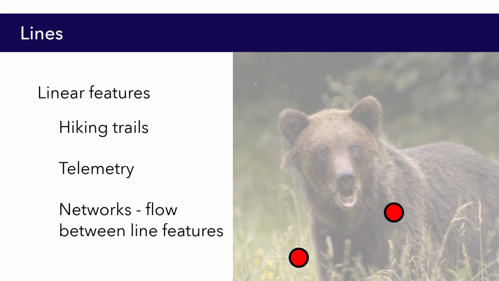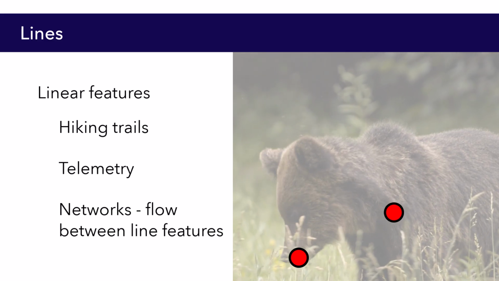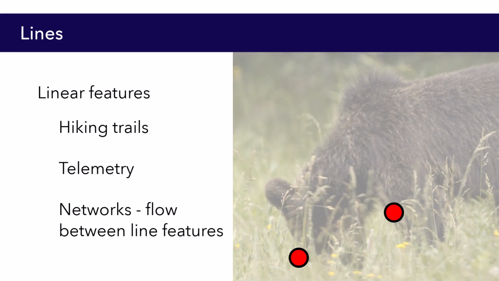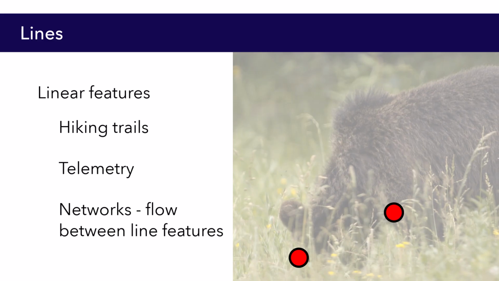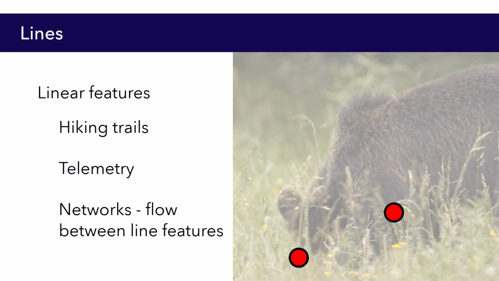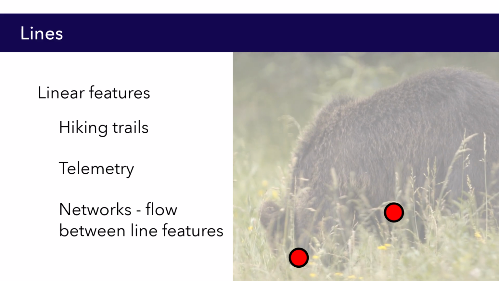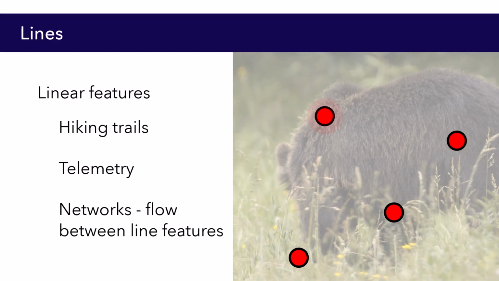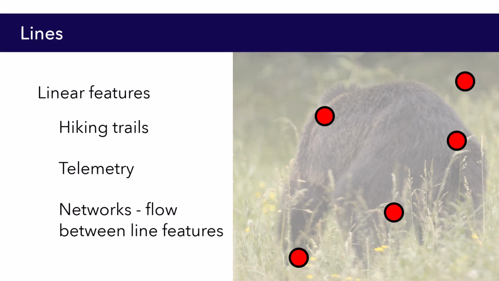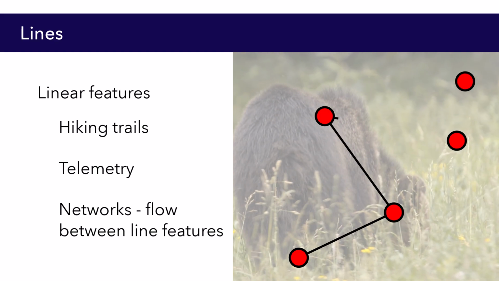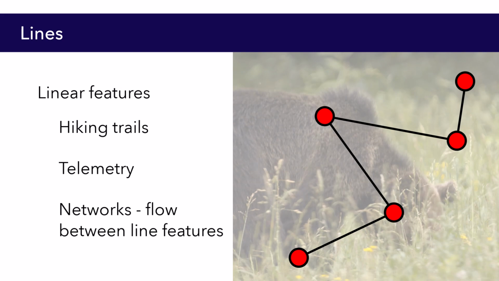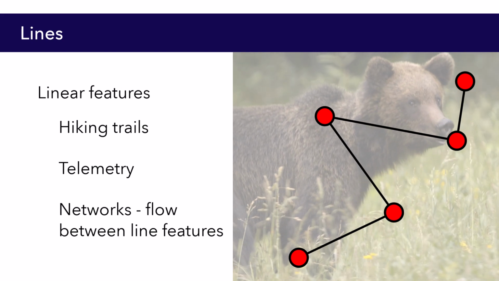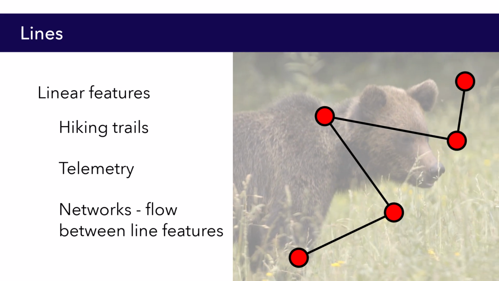We would say, at noon, the grizzly bear that was wearing the collar was at a particular location, and this is the point that represents where that location is. But we collect a lot of those, so if we collect them every 15 minutes, we might convert those points into lines. Points are the simplest form of spatial data, but when you have lots of points, you can often connect those together to make a line.